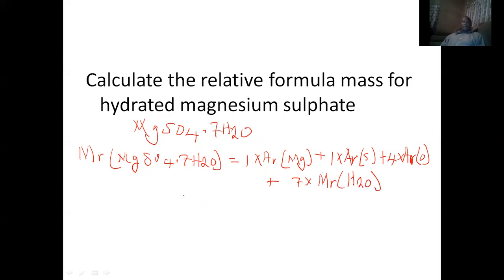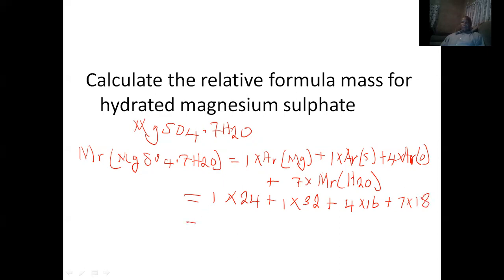And so we can now add them, which is 1 multiplied by, for magnesium, relative atomic mass 24, plus 1 for sulfur, it is 32, plus 4 multiplied by 16 for oxygen, plus 7 multiplied by the relative molecular mass for water, which is 18, because this is 16 plus that of hydrogen, which is 2, multiplied by 18.